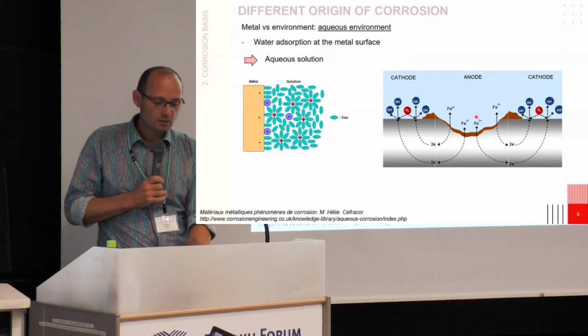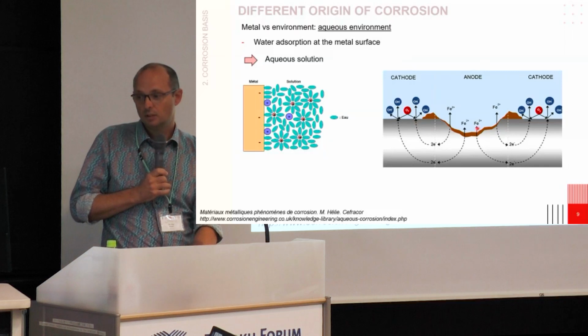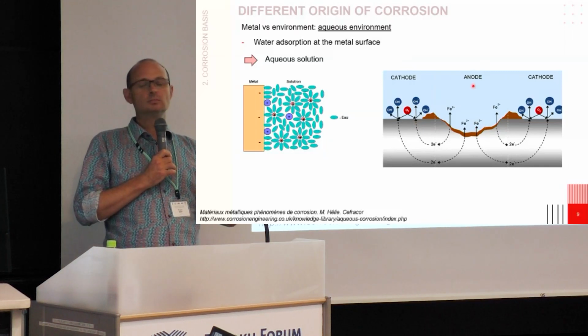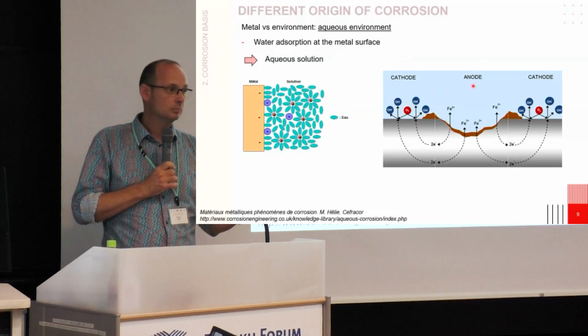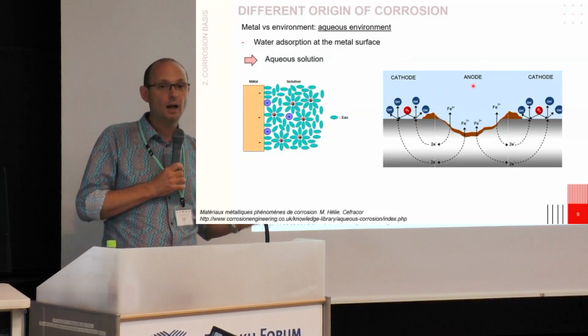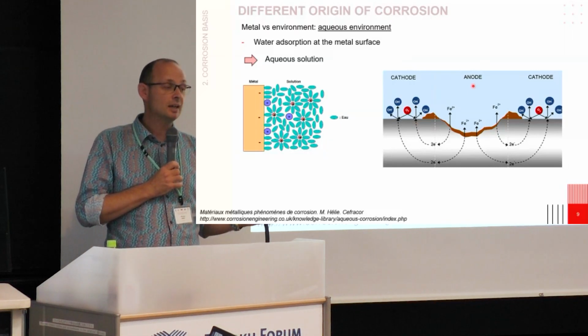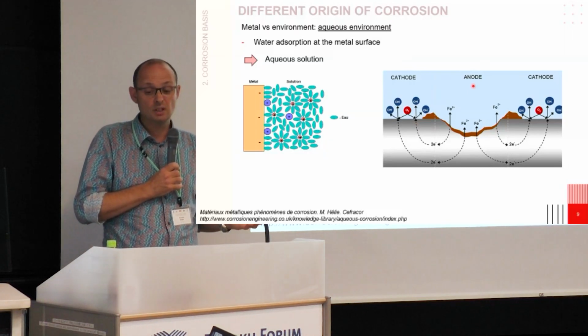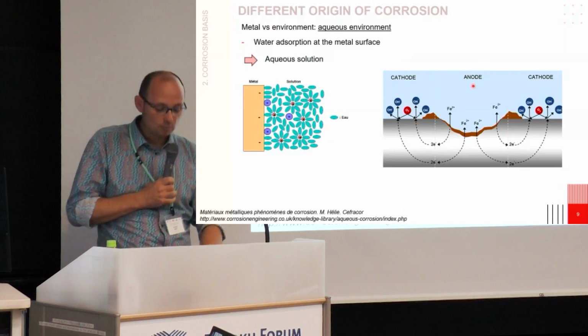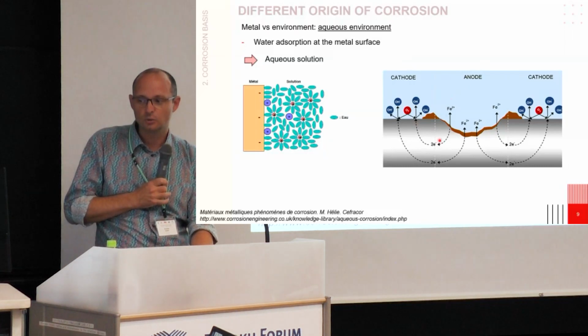So for the case of iron, it's quite easy to understand that iron will dissolve. Iron becomes iron 2 plus or iron 3 plus, losing electrons, and those electrons are moving into the electrical conductor.